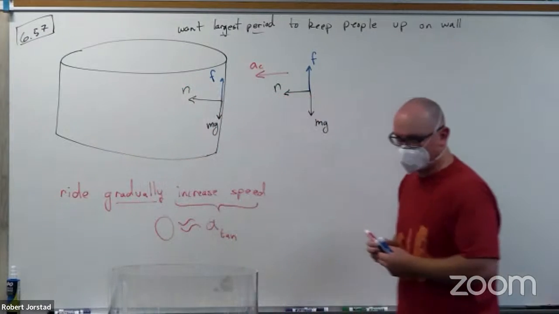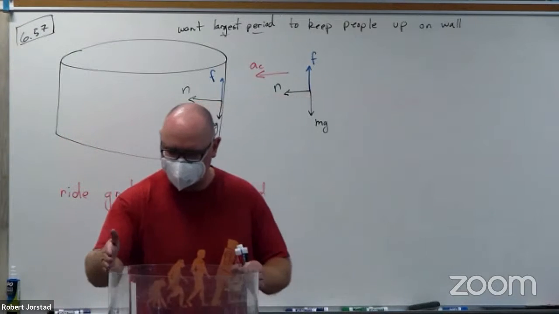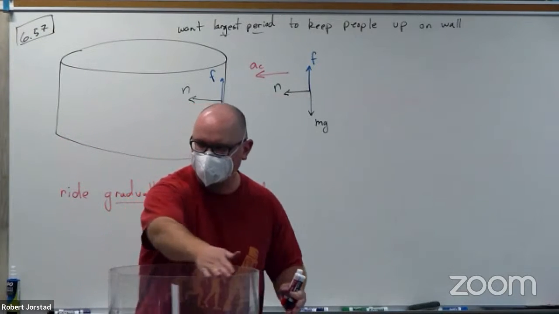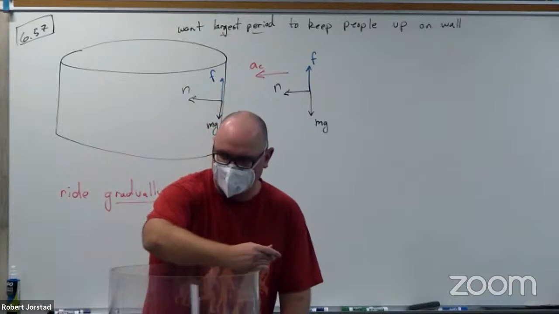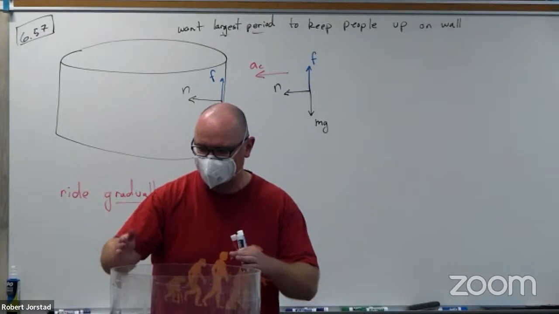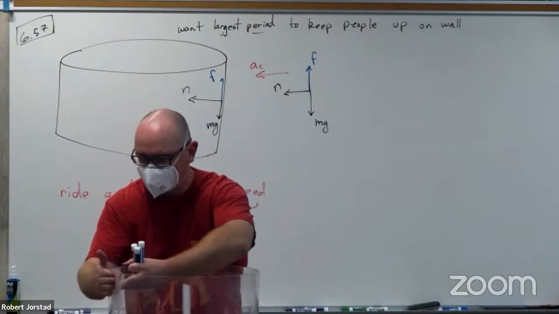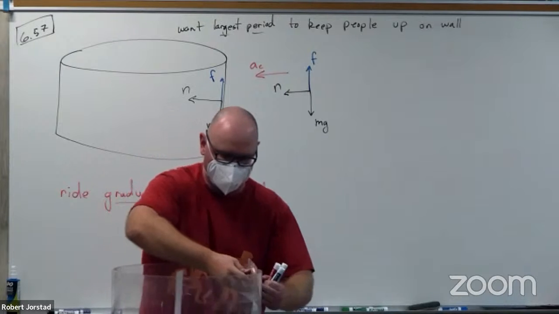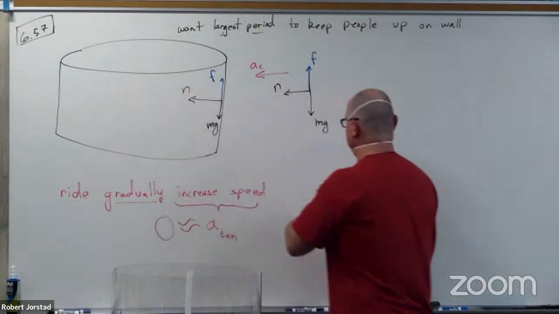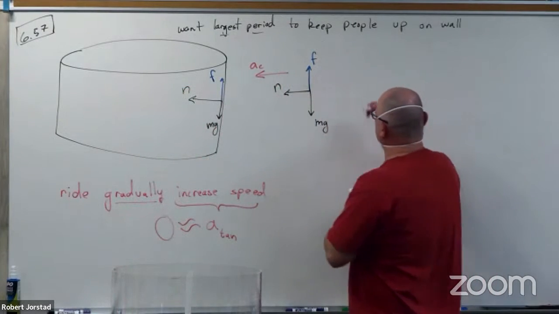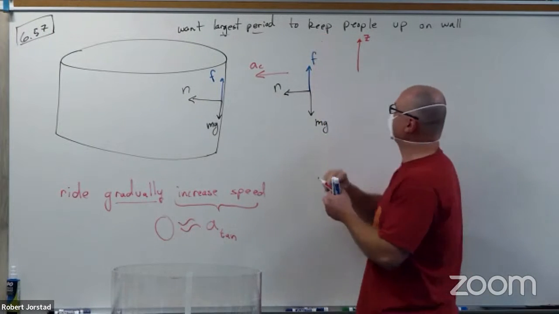Now here's where we're going to get a little spicy. Look at this. This is circling around. Jules, can I see this on Zoom right now? Yeah, that's all we need, just the top. I want to point out here a subtlety with the coordinate system. Tangent to the circle would be the way the silly putty's moving, in and out of the page, right? So I don't want to call this direction tangential. I would call this direction the z direction, as in the third dimension.